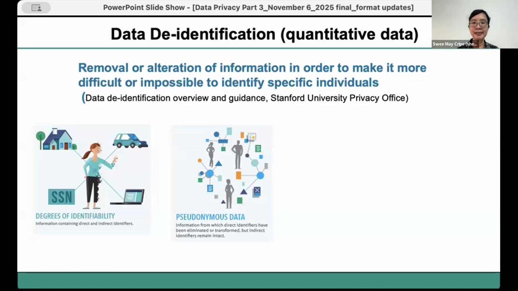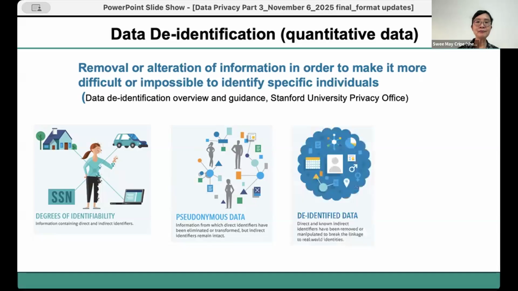And one of the steps is pseudonymous data. This is where all direct identifiers are removed. So any social security numbers, any names are completely removed and or transformed, but there are still indirect identifiers like race, ethnicity, employment history, and zip codes.